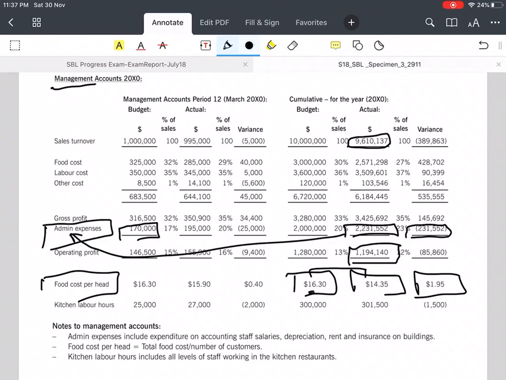We don't have the items involved in the meals. So there is no split given, and it will stop the organization from focusing on the weak areas or looking at the strength areas. So it would have been better if it was itemized rather than given in a total form. So these are the basic weaknesses.